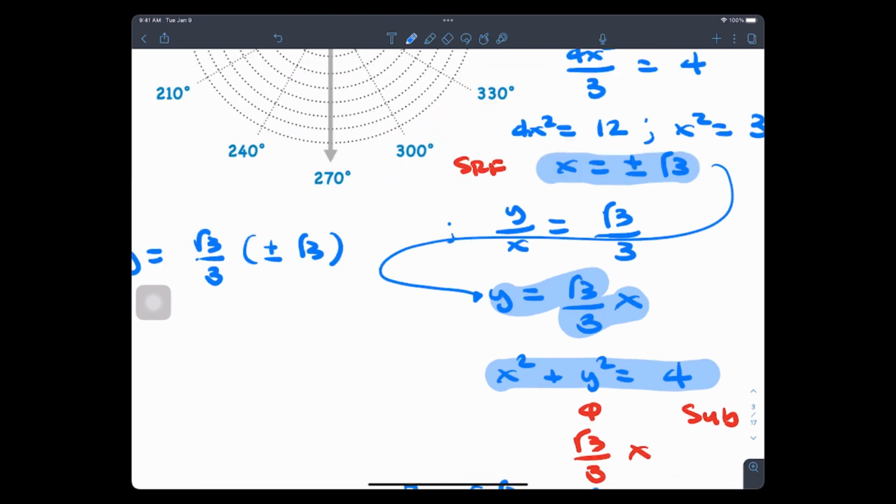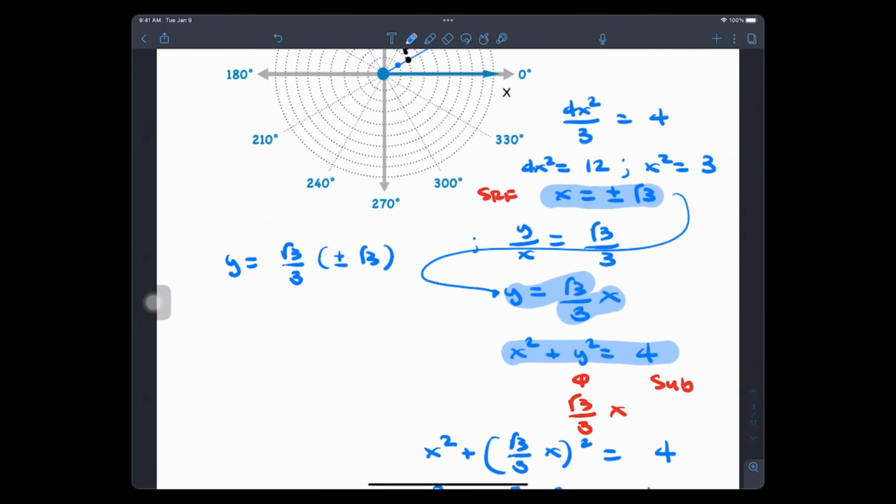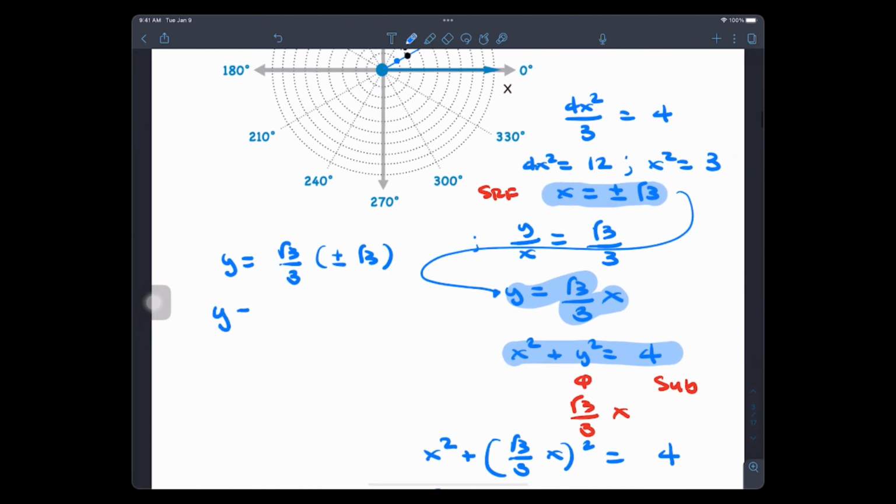Because that's what x is. Y is the square root of 3 over 3x. So you might say, what does that mean about my y? Well, whatever it is, it's plus or minus. Take the square root of 3 times square root of 3, we know is 3. It's divided by 3. So y is plus or minus 1.